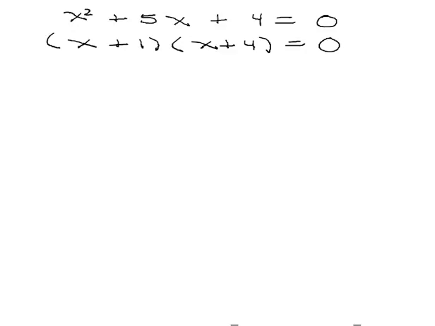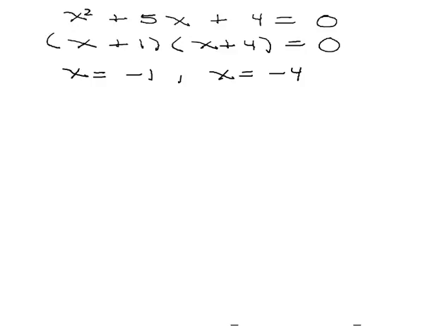And setting each factor equal to 0, which we can do mentally, we'll see that x is equal to negative 1, or x is equal to negative 4 as possible solutions. Now, since neither of those values corresponds to a restriction that we stated earlier, which you'll recall were 2 and negative 2, we're assured, unless we made an error in our computation, that those are valid solutions. So there should be no extraneous solutions for this rational equation.